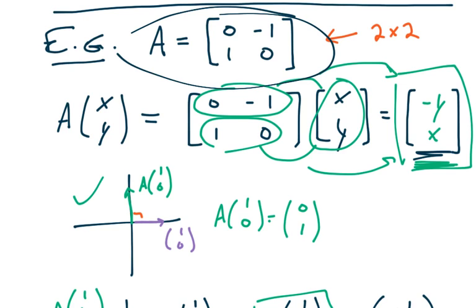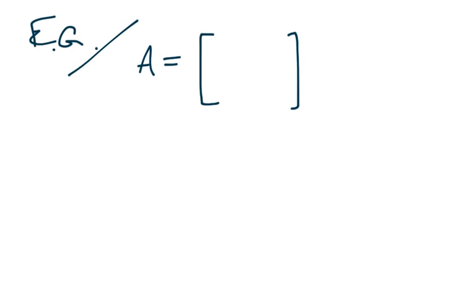All right, so we're not going to have this matrix do anything as extreme as that. So let's take A to be this matrix 1, 2, 2, 1.